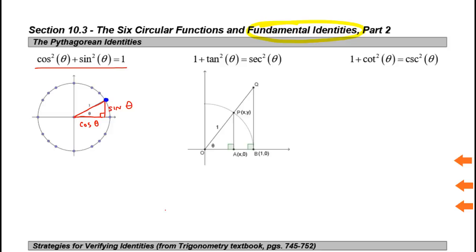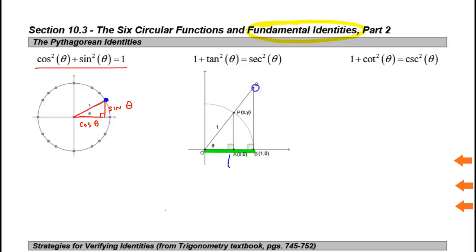Okay, that's great. Now this one, 1 plus tan squared theta equals secant squared theta, that's a little new. That was in the previous video, where I derived this for you. I'll review it here very quickly. This length right here is 1, because the unit circle has a radius of 1.